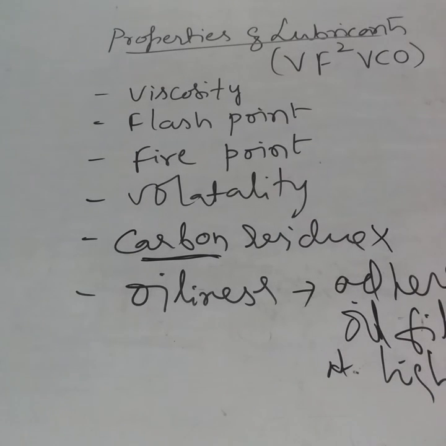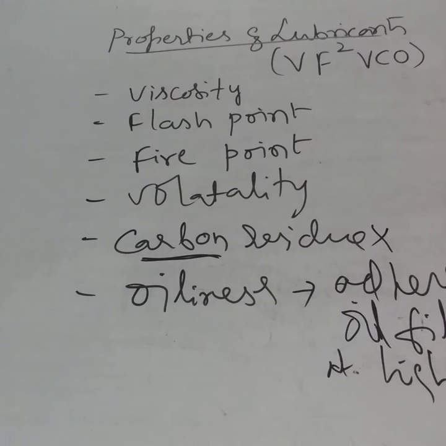Alright, so let's understand all the properties once again. The viscosity of the lubricant should not change with temperature and pressure. Of course, that is the theoretical requirement. Practically it may not happen. So flash point, fire point, or the point at which it will continuously start burning. And then volatility, it should have a low volatility rate.